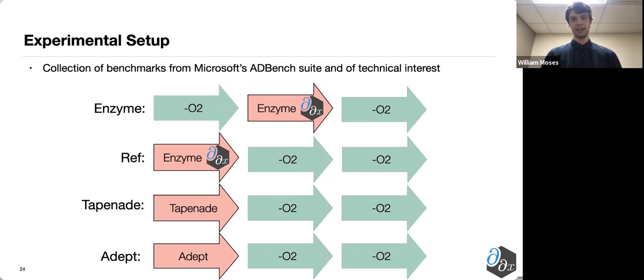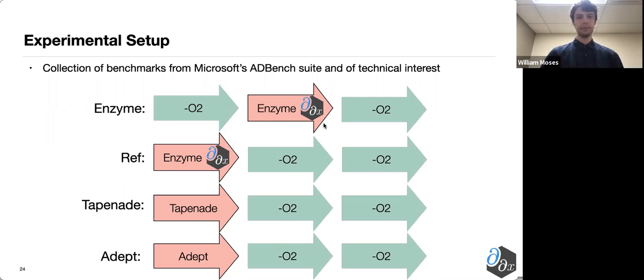So we took a standard benchmark suite from Microsoft called ADBench, which has 4 different machine learning focused benchmarks and a couple of others of technical interest from the scientific computing community. First we have our regular Enzyme pipeline, which runs optimization, then automatic differentiation, then another round of optimization.